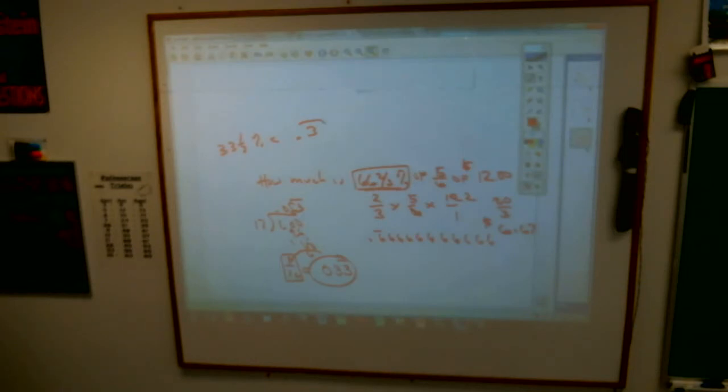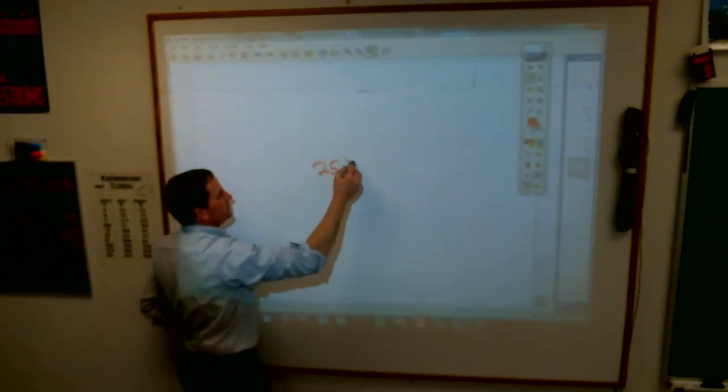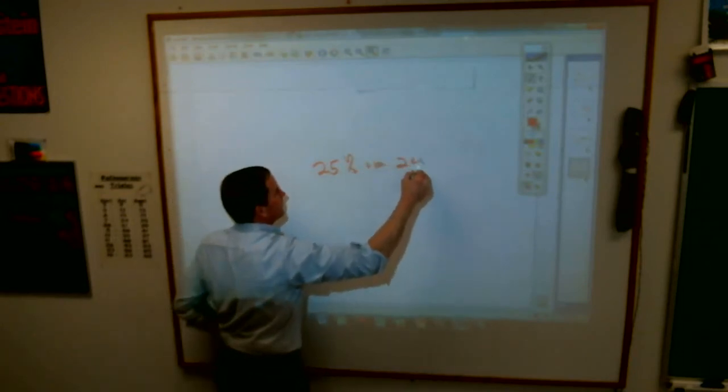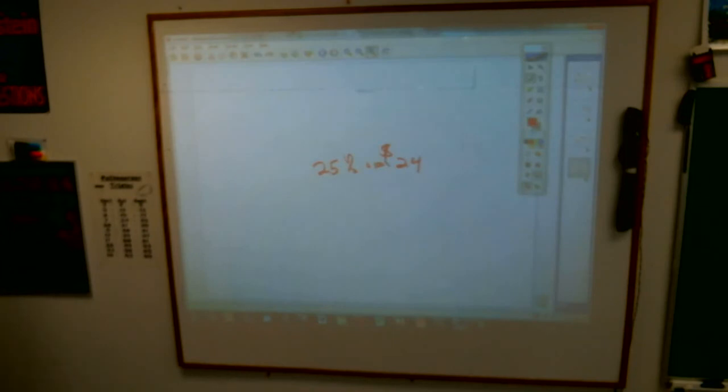What about letter D? 25% of $24. Somebody give me a reason why they would do one thing or another. See, sometimes you have to think on your own. Carol Winkleman, quickest way to do that would be fraction. I would too. Why fraction?